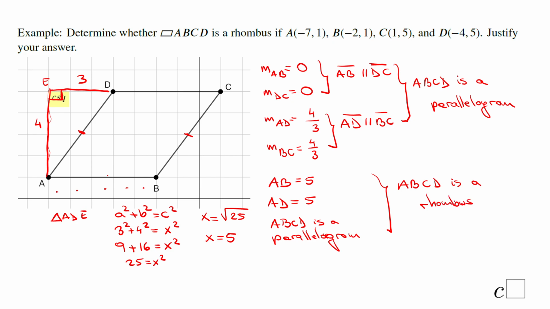Why is this a rhombus? First of all, it's a parallelogram. We proved it, and then it's a parallelogram that has two consecutive congruent sides. These ones are also going to be the same. All sides are congruent. So this is a rhombus.